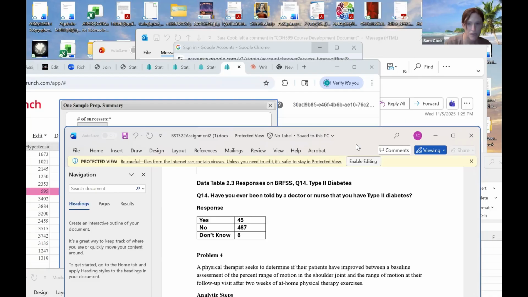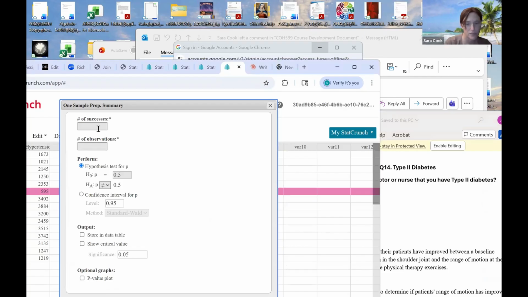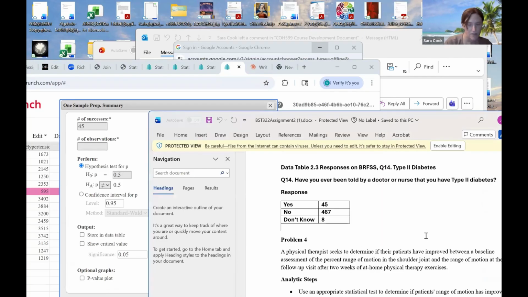Okay, but in any case, our number of successes, we're going to say the number who do have type 1 diabetes or type 2 diabetes, we're going to say 45. Everybody else is a no, so we add all those up. Let's see, we're at 512, 520 total. Just doing the quick math on the summary of all those.